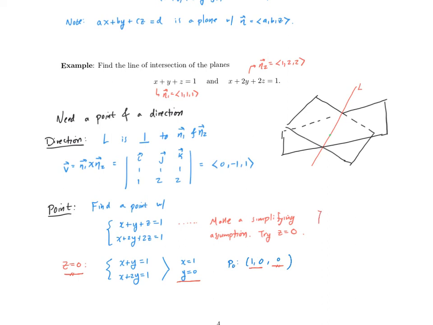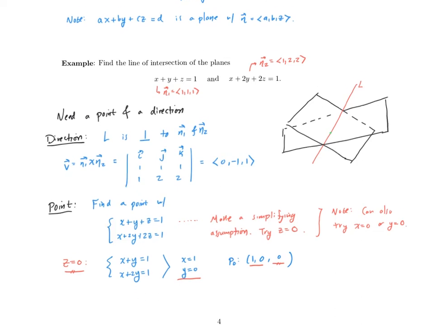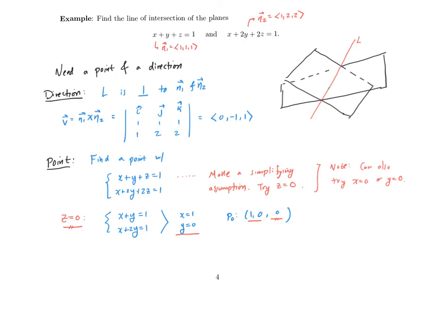And when we made that simplifying assumption, if you were thinking why not x equals 0 or y equals 0, those would work as well. So just note you can also try or use x equals 0 or y equals 0. Somehow we just need to come up with a point that satisfies both of those equations simultaneously.